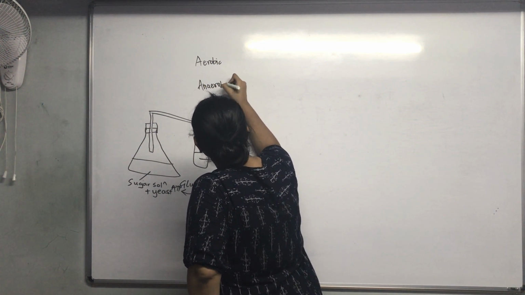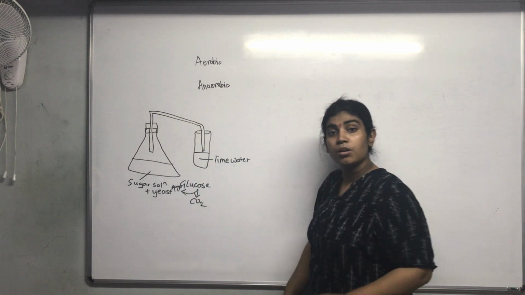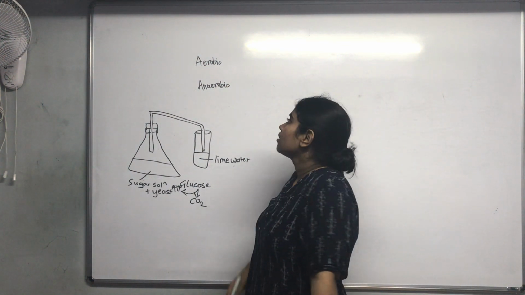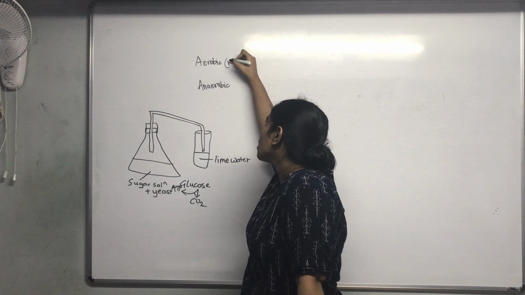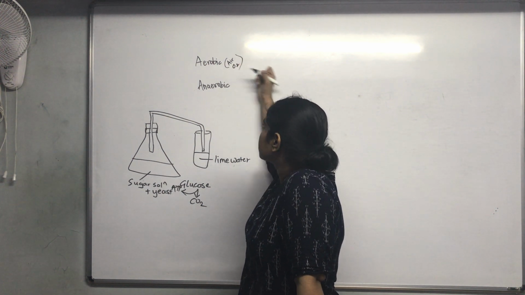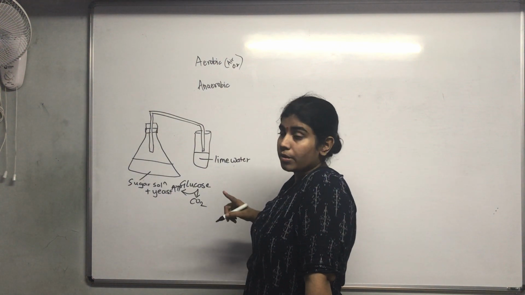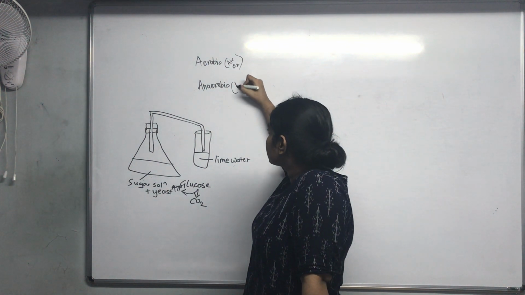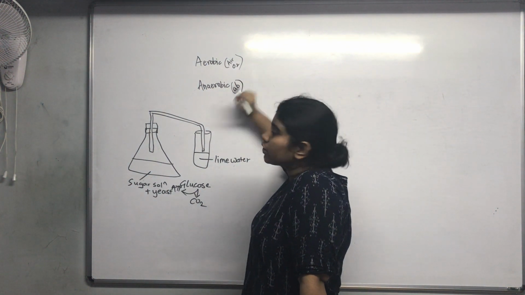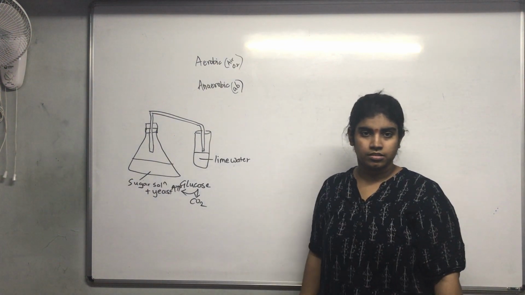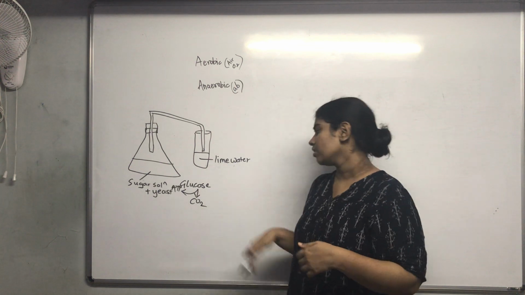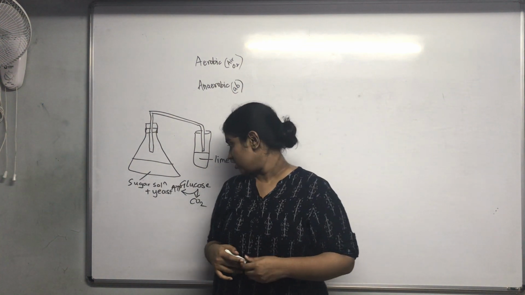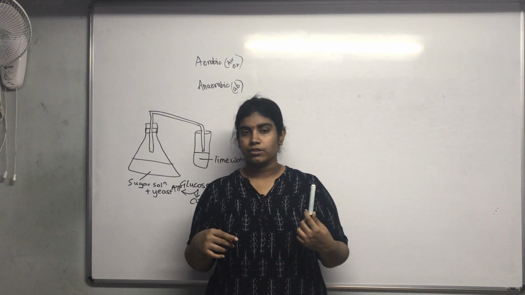Aerobic respiration is done in the presence of air or oxygen. In anaerobic respiration, air and oxygen are absent. So this yeast converts sugar into carbon dioxide and releases energy in the form of anaerobic respiration.